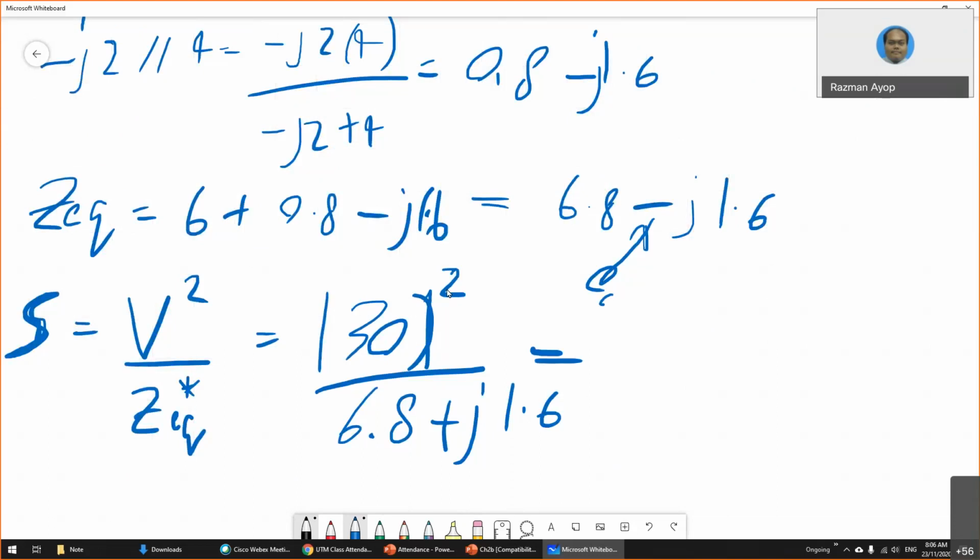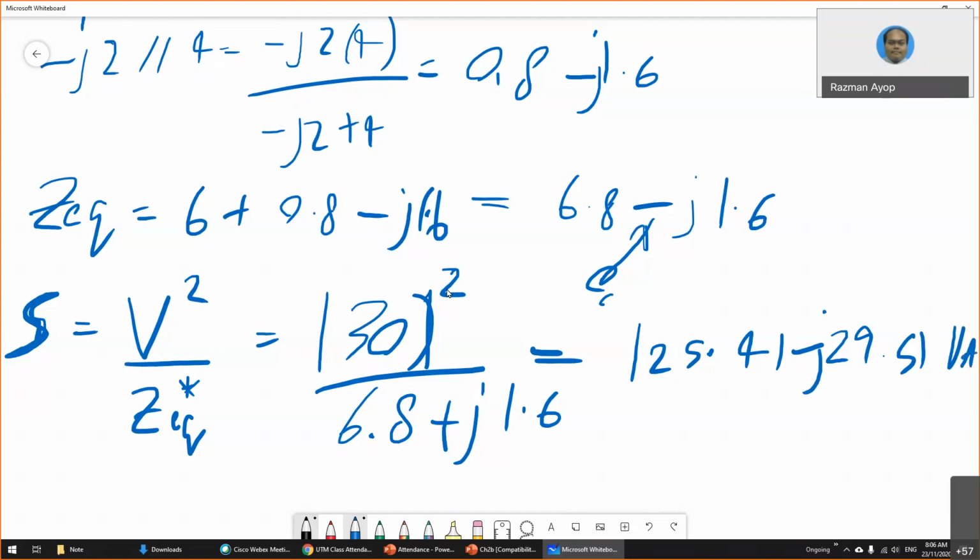Insert into your calculator 30 squared divided by 6.8 plus 1.6J. So you get 125.41 minus 29.51J, and the unit is VA.